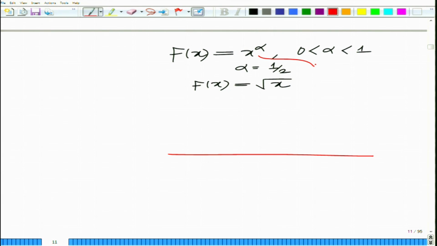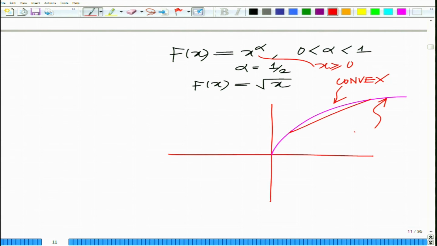So, we will restrict the domain here to x greater than or equal to 0, and if you plot square root of x for x greater than or equal to 0, it looks something like this, and you can once again see the function lies above the chord. So, this is square root of x, correct, and this is concave. Okay, this is your function f of x equals square root of x for x greater than equal to 0, it is concave.